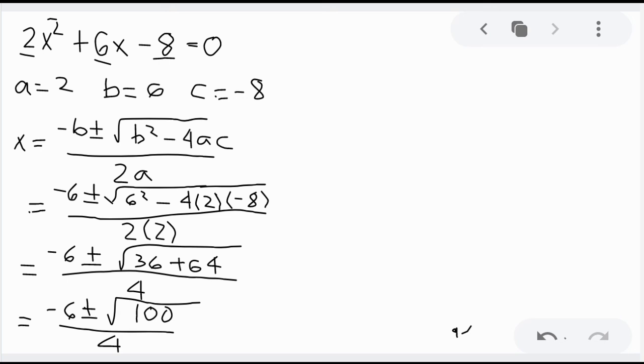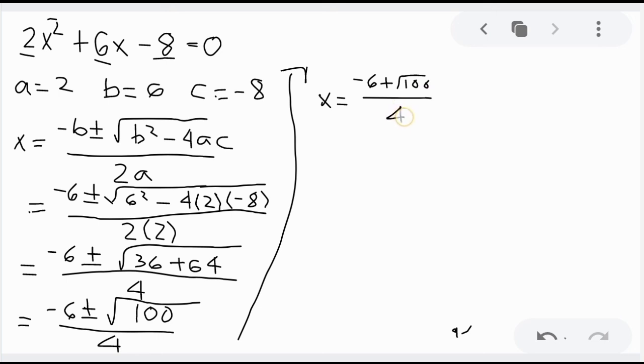Okay, let's use the other side of the board. Since we have this plus or minus sign, let's write x is equal to negative 6 plus the square root of 100 over 4.